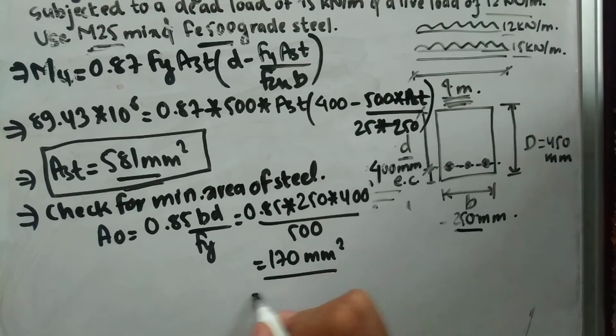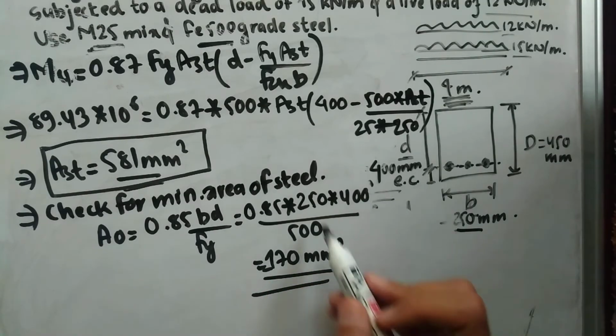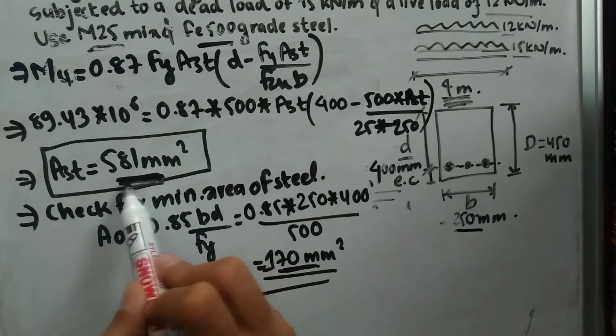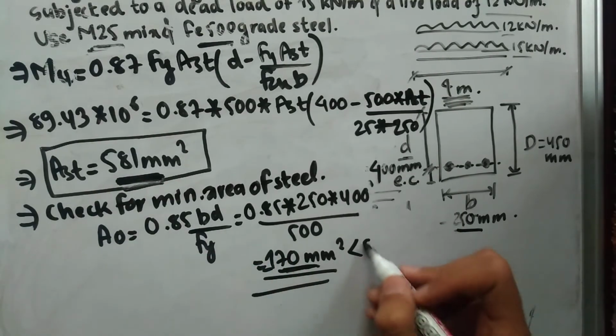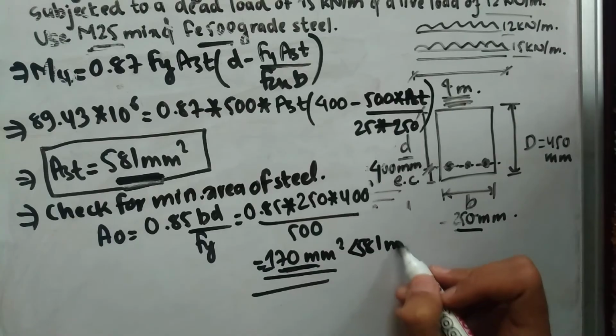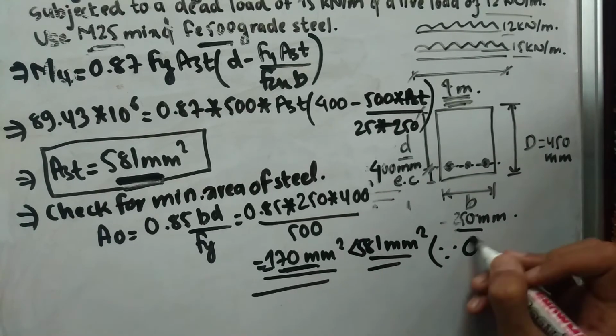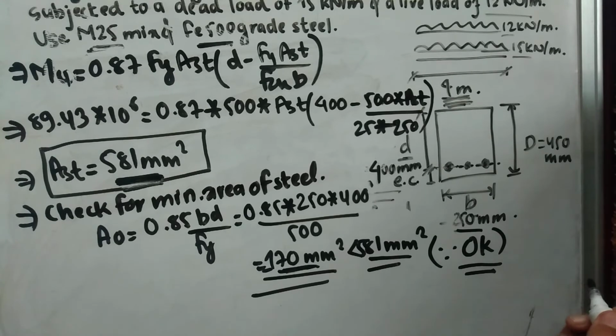So the minimum area of steel required for this dimension of the beam is 170 millimeter square, but I have obtained my area of steel as 581. So 581 millimeter square is greater than 170 millimeter square. Therefore my design is correct.